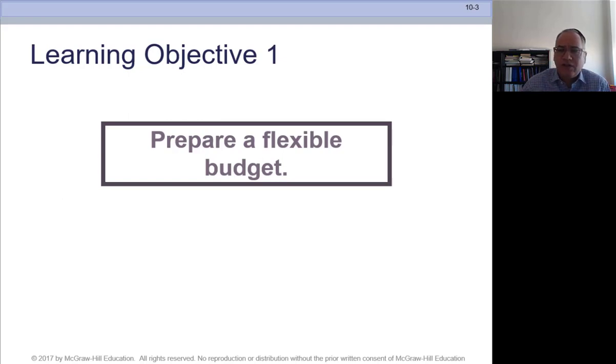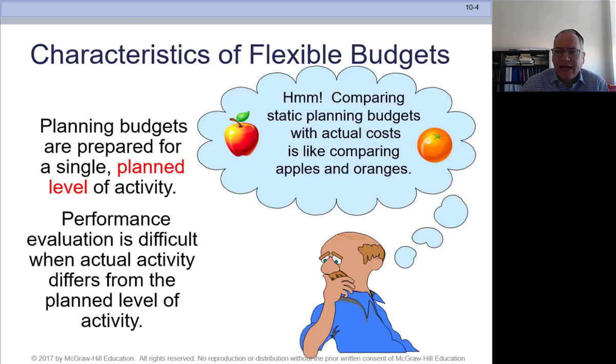So learning objective 1 is to prepare a flexible budget. And the idea of a flexible budget is to get past the point with a typical budget, which we covered in Chapter 9, which is designed only for one scenario. In other words, the entire budget was premised on a certain level of sales and production.